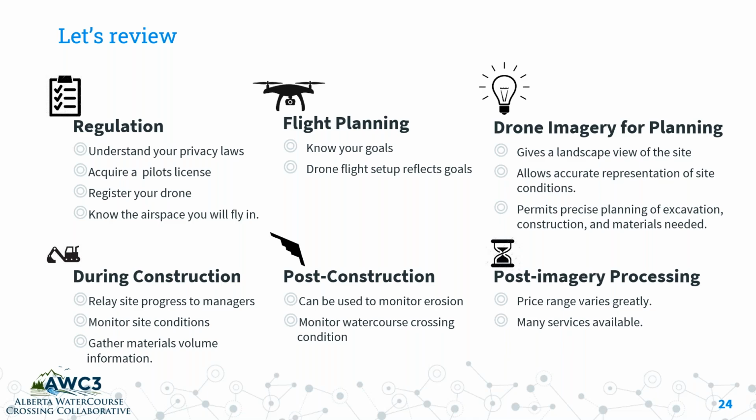During construction, drones are really useful for relaying site progress to managers who aren't capable of going to site, and for monitoring site conditions, and also giving you up-to-date inventories of your materials that are on site.